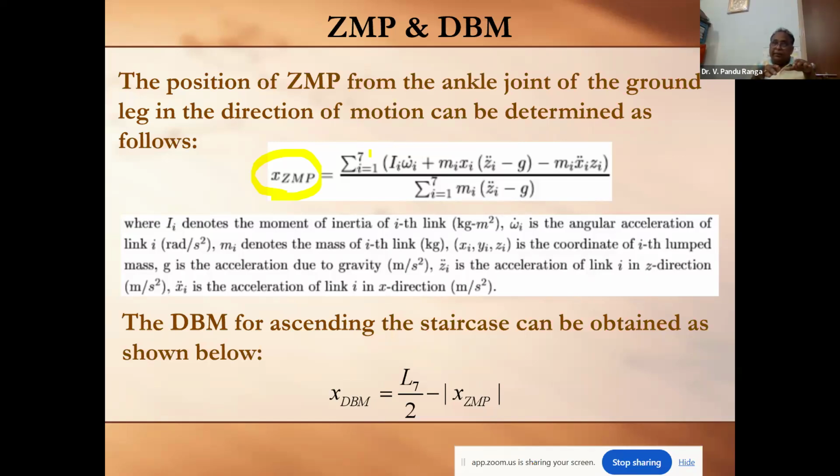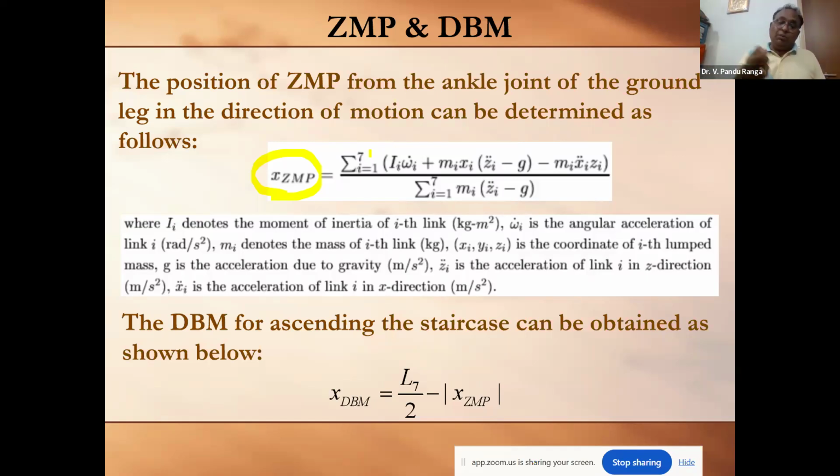Similarly, as I mentioned in the beginning, it is a 7 degrees of freedom system which will be moving in only one direction, that is the direction of motion. So we will be getting variation only in the x direction. If your robot is taking a turn, by increasing the degrees of freedom, then the moments of the masses are also present in the y direction, so there is a variation in ZMP in the y direction also.